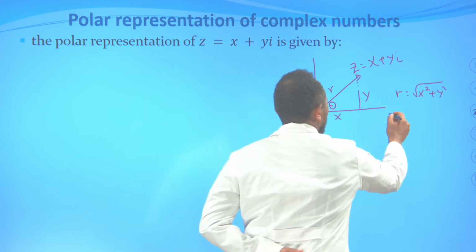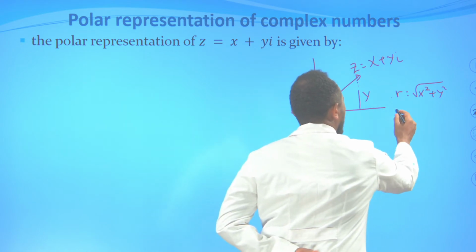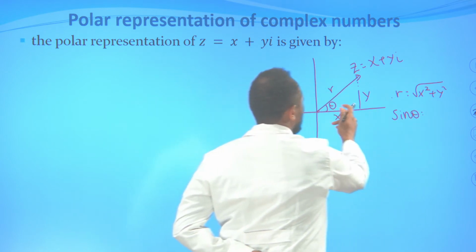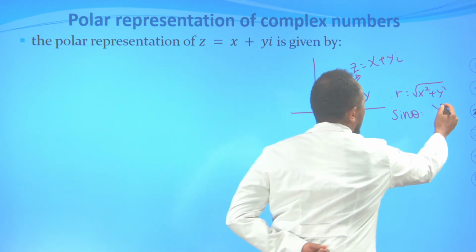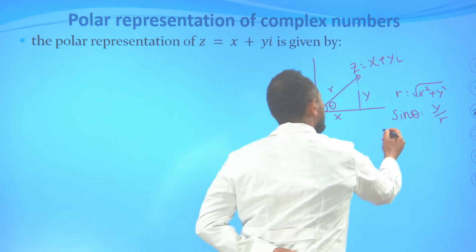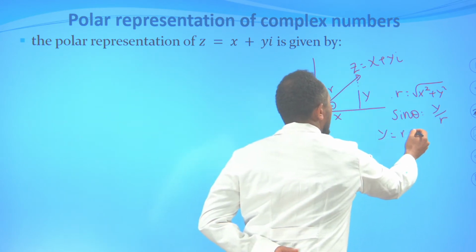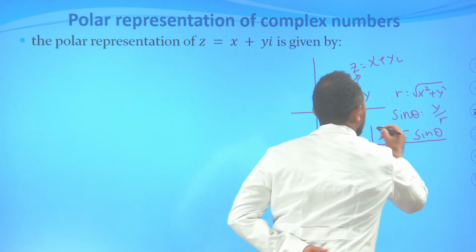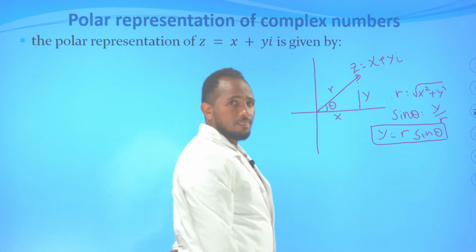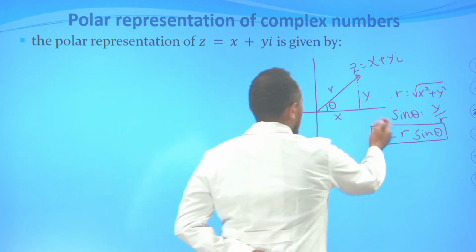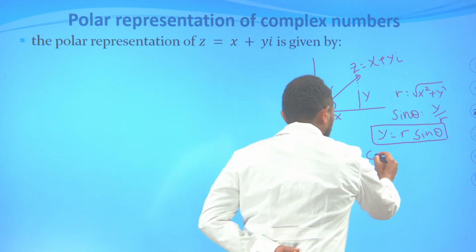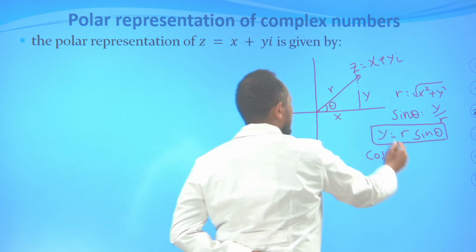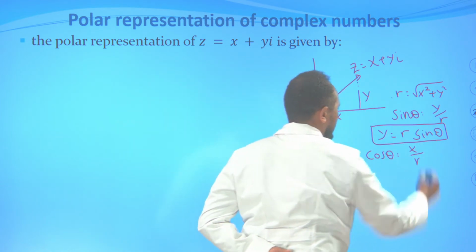In addition to that, we can evaluate sine theta. Sine theta is opposite over hypotenuse, it is y over r. So from this, y is equal to r sine of theta. And cos theta is adjacent over hypotenuse, it is x over r.